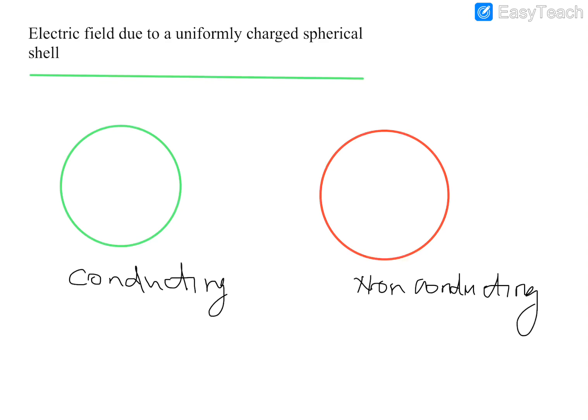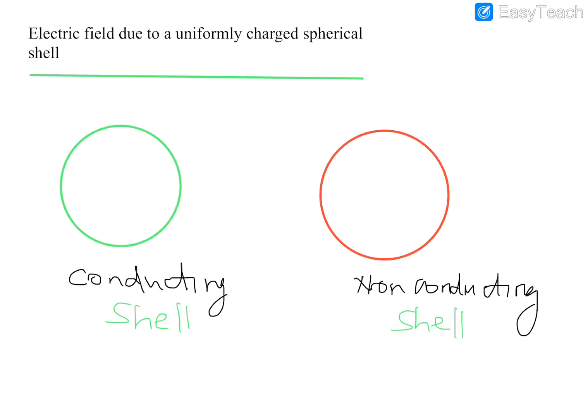Now what is the difference between the two? These are actually spherical shells. This is a conducting shell and this is a non-conducting shell. What is the difference between a conducting shell and a non-conducting shell?